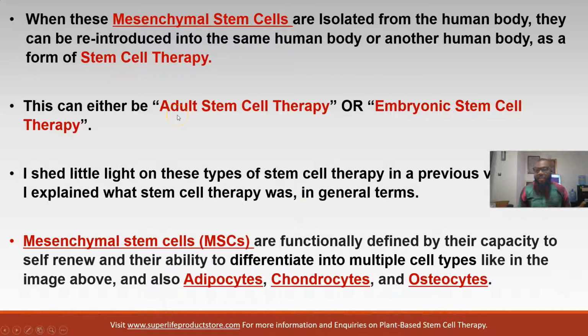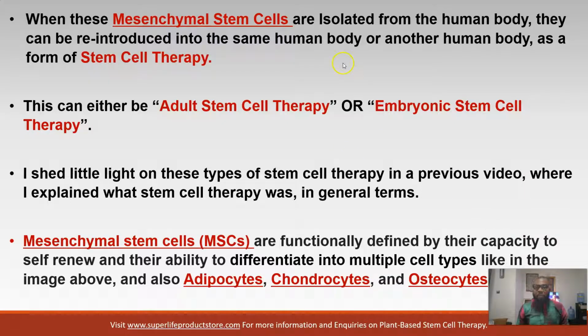When you isolate the stem cells from the body, you can reintroduce them into the same human body or another human body, as a form of stem cell therapy, like I said in the first video. This therapy can either be adult stem cell therapy, embryonic stem cell therapy, or plant-based stem cell therapy, as the case may be. I promise that this particular video is going to be on plant-based stem cell therapy, right?